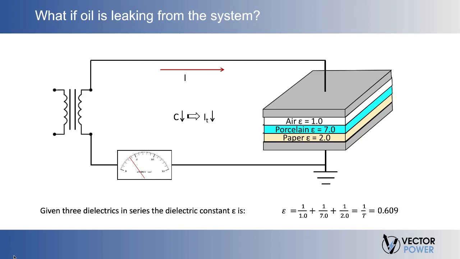Here, air having a lower dielectric constant than oil, the overall dielectric constant of the bushing now changes to 0.609. As a result of the dielectric constant going down, the total capacitance of the insulating system also goes down, and hence the total current goes down.